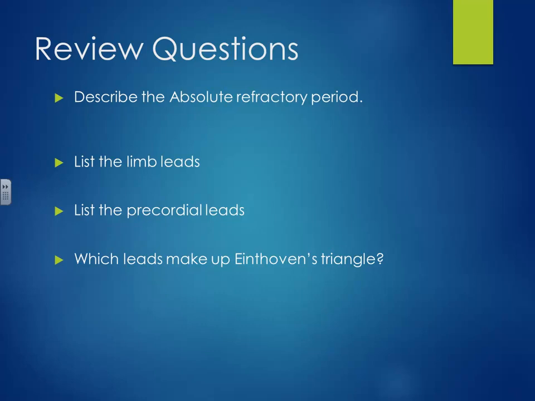This is your question. What is the absolute refractory period? That is the rapid influx into the heart. The absolute refractory period is a period of time that no outside force can act on.